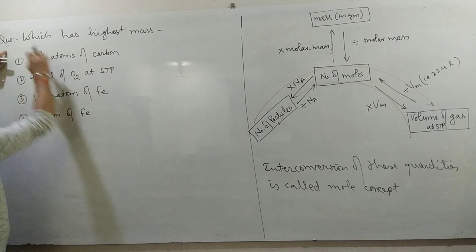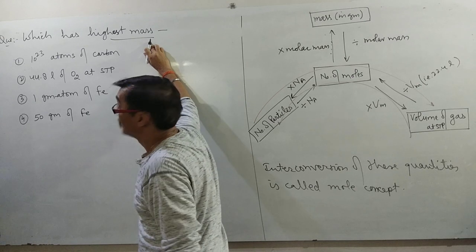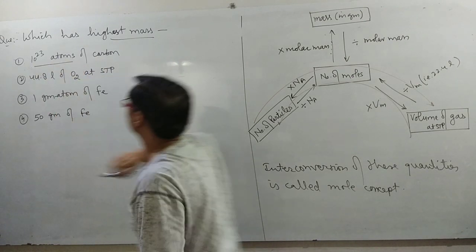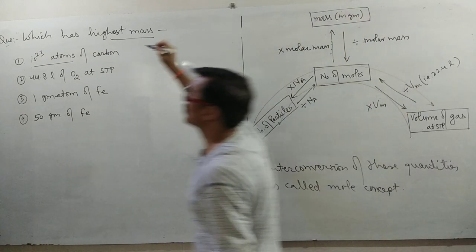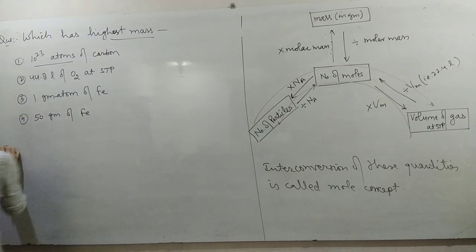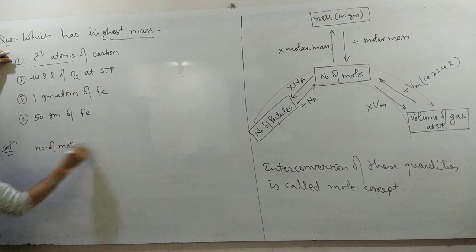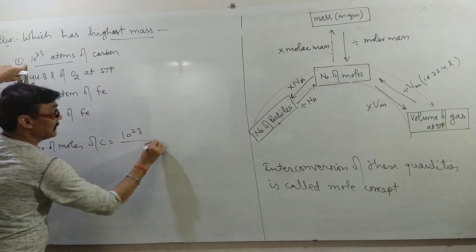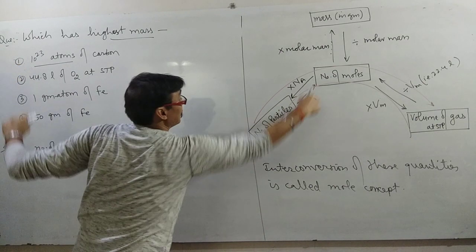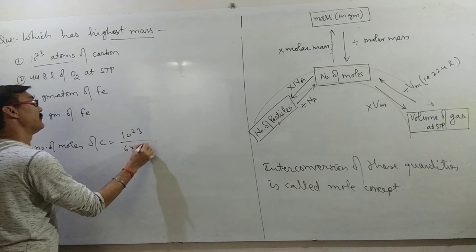Now guys, question: which has the highest mass? We have to find mass from number of atoms. So, number of atoms to mole to mass. To solve this question, we have to find number of moles of carbon: number of atoms divided by Avogadro constant 6 into 10 to the power 23.